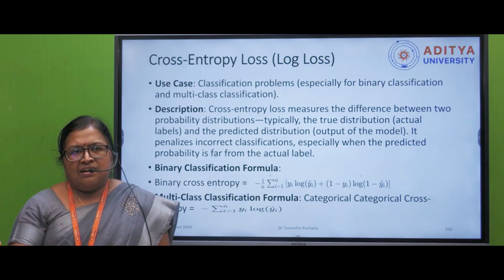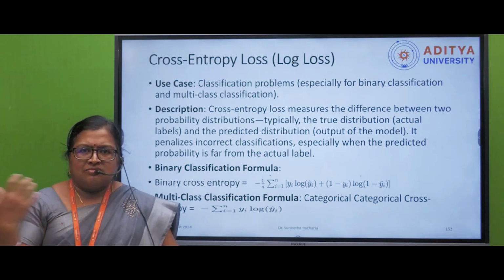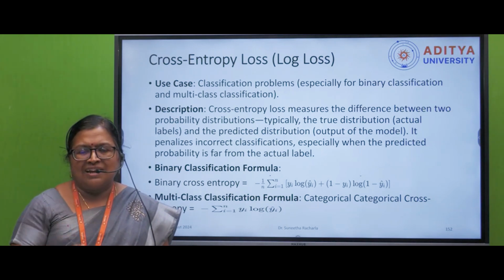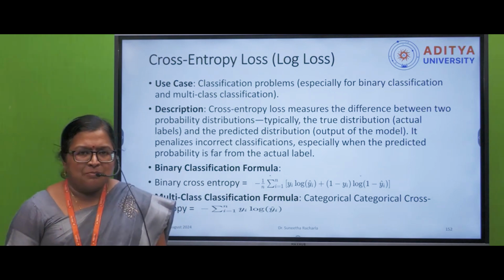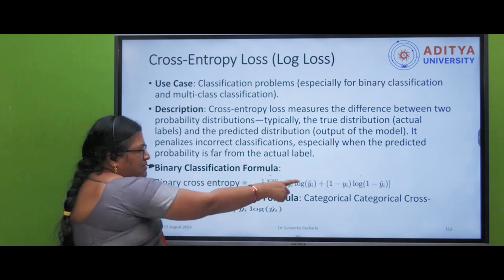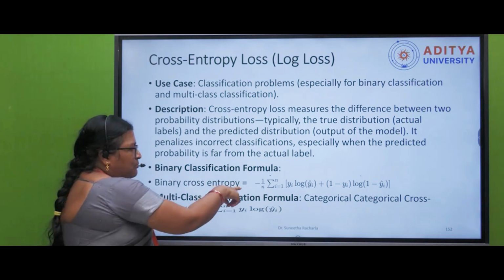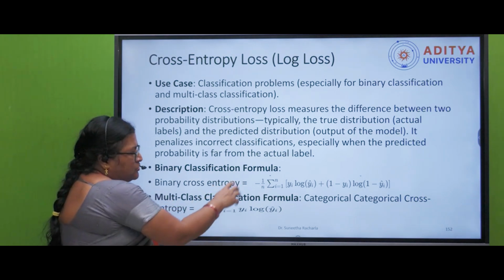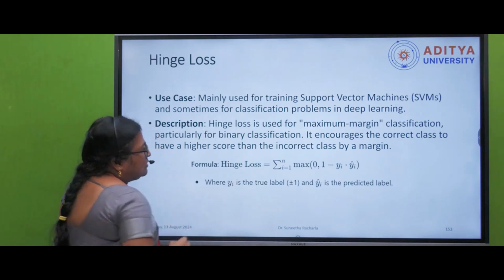It will see how near your predicted value is to the actual value. At least it should be some 20% or 30%, and only then it will accept. So this is the equation we use for cross entropy: this one is for binary classification and this one is for multi-class classification. These two formulas we are going to use for our loss functions.